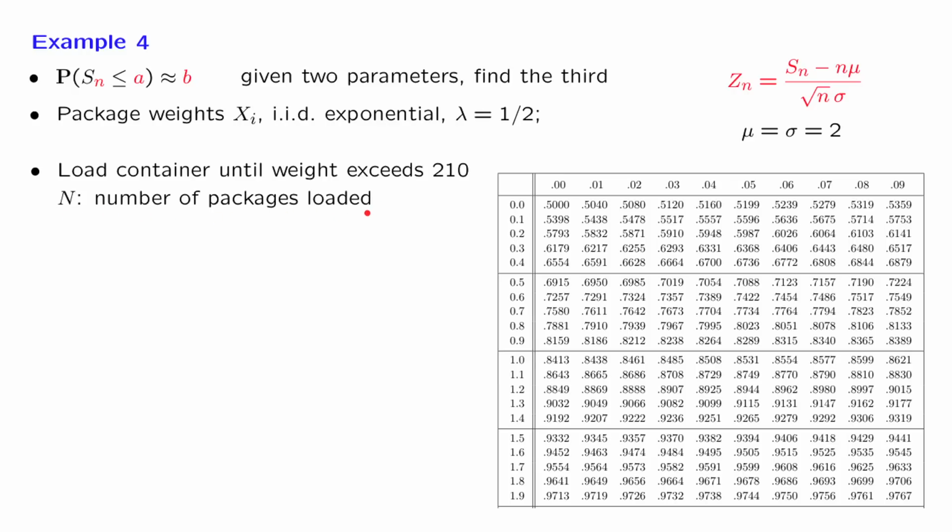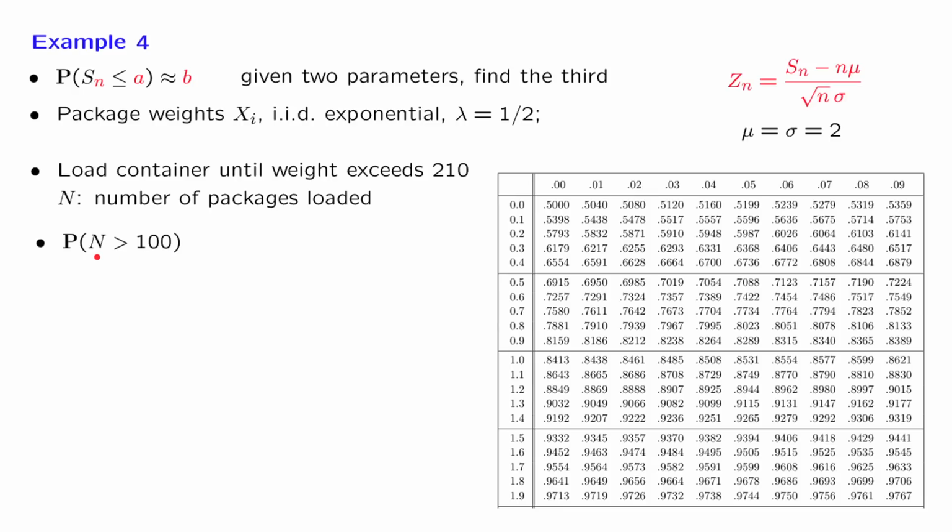If you're unlucky and you happen to get lots of heavy packages, then you will stop earlier. We would like to calculate, approximately, the probability that the number of packages that have been loaded is larger than 100. Now, this problem feels a little different.